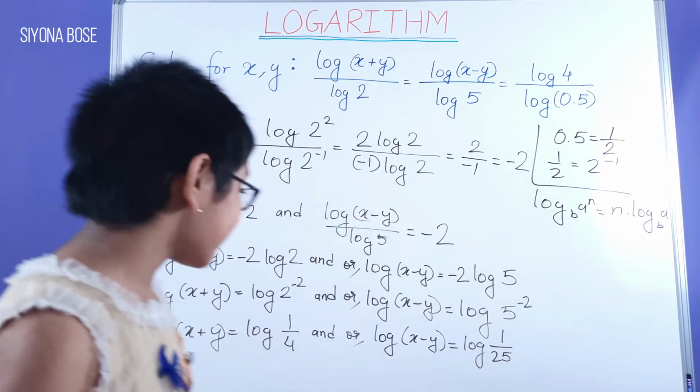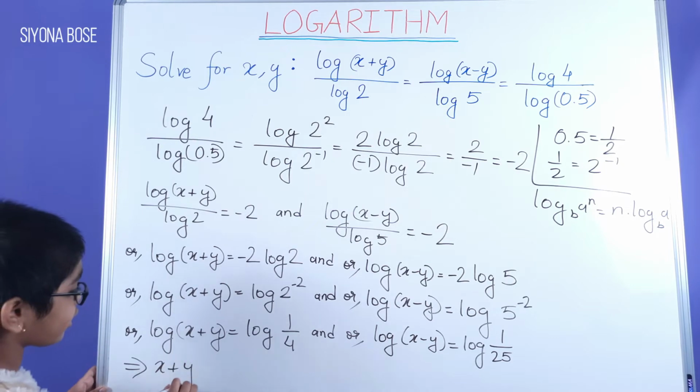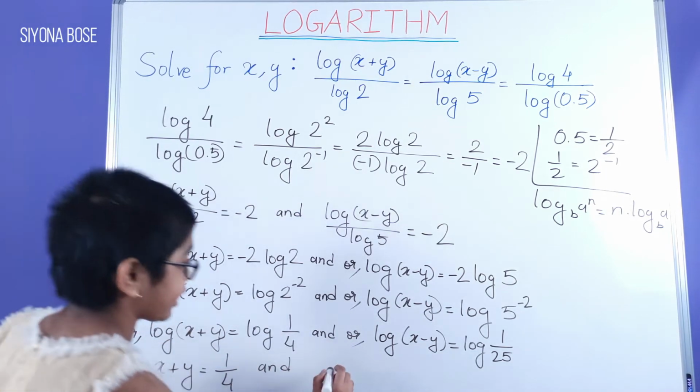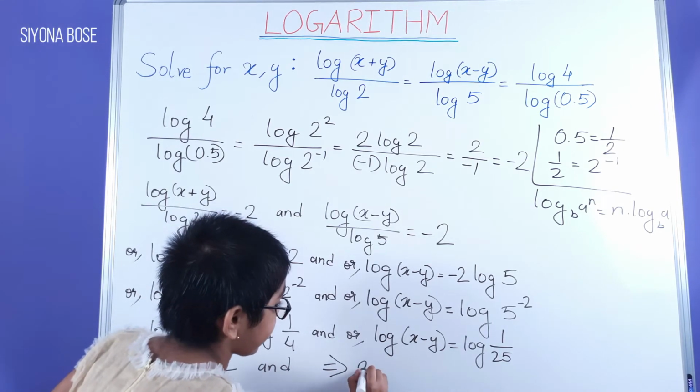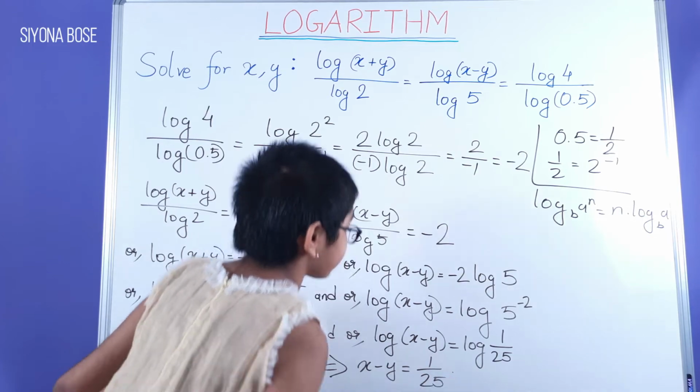From here it implies that x plus y is equal to 1 by 4, and x minus y is equal to 1 by 25.